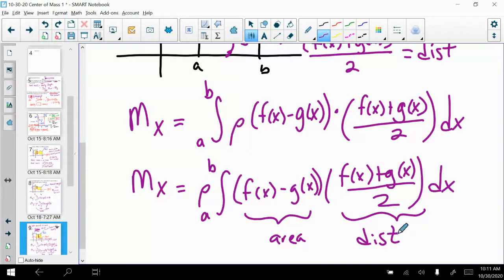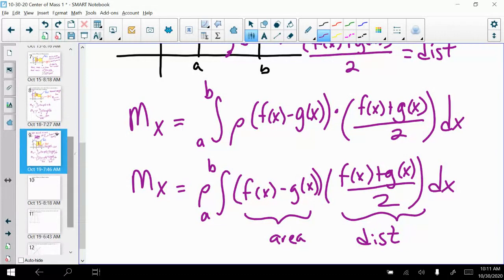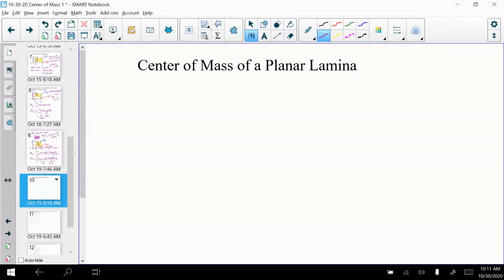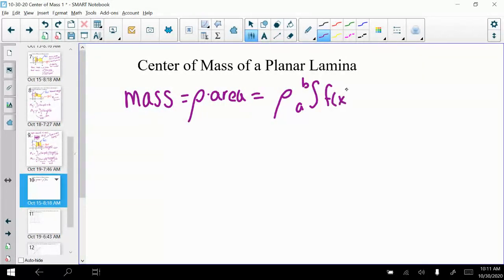All right, I think I have one more slide where I want to kind of clean this all up and write it all down. So the center of mass of a planar lamina. Our mass, remember we said, is rho times area, which means it's rho times the integral from a to b of f of x minus g of x dx.